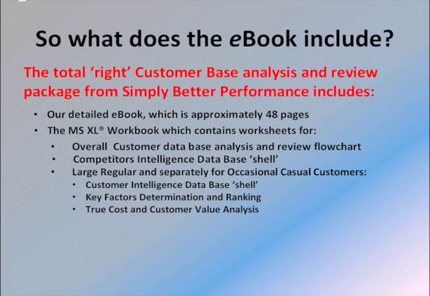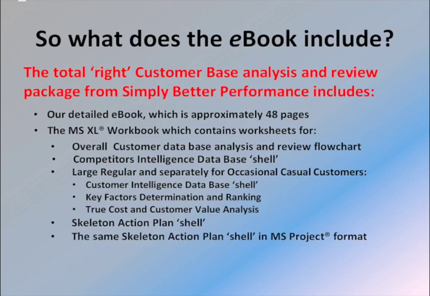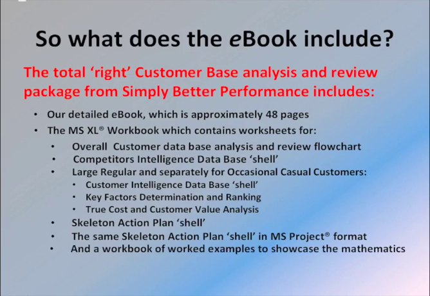We have challenge questions for key factor determination and ranking, and worksheets to help you do true cost and customer value analysis. And we've already spoken about the action plan and that same action plan in Microsoft Project format. We also have a workbook of worked examples to showcase the mathematics.